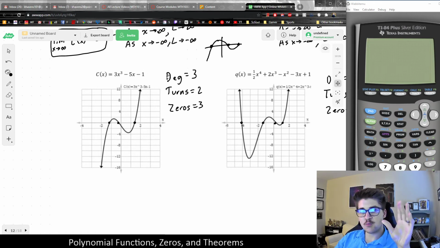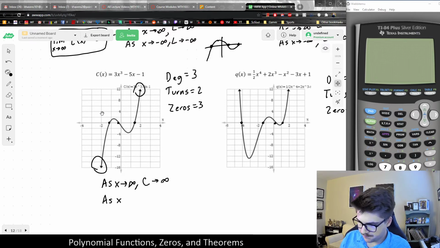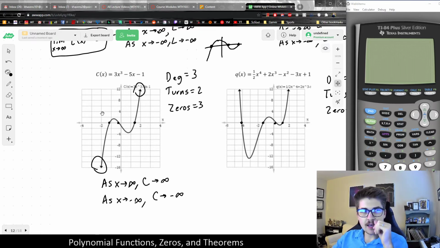Now, notice the thing about the degree 3 and degree 4 polynomials. The degree 3 polynomial has opposite end behaviors. To the left, it's going down, and to the right, it's going up. So if we write that out, as x approaches infinity, to the right, C goes to infinity. And as x approaches minus infinity, C also approaches minus infinity because it's going down to the left.